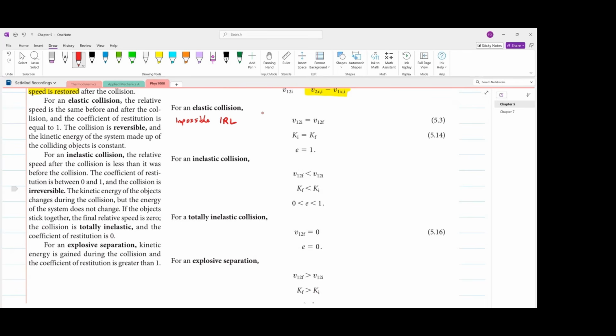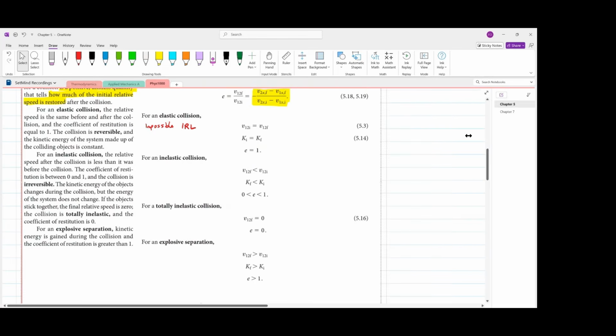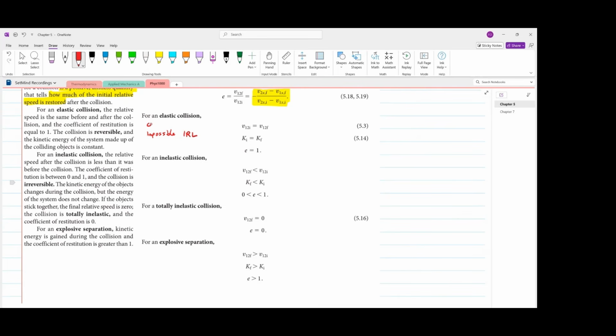It is an elastic collision. But let me say close to impossible, because you never know what can be discovered by science later on. As far as I know, currently it is impossible to have a completely elastic collision. We can have something close, but never exact.